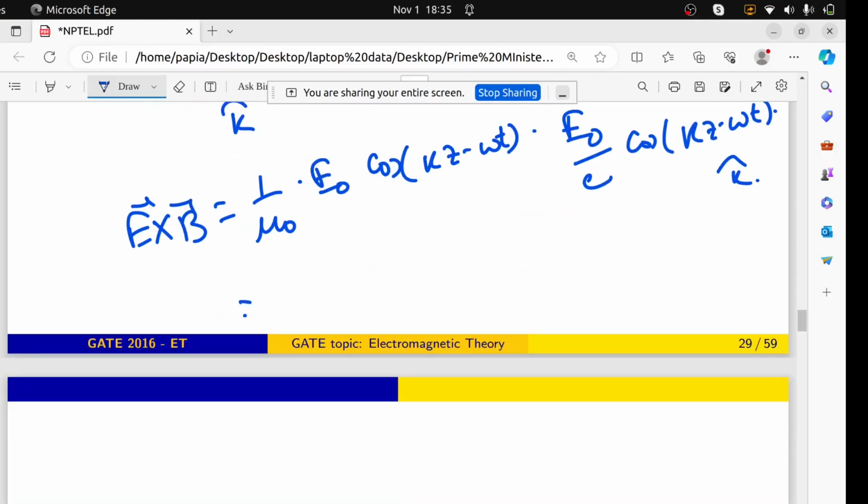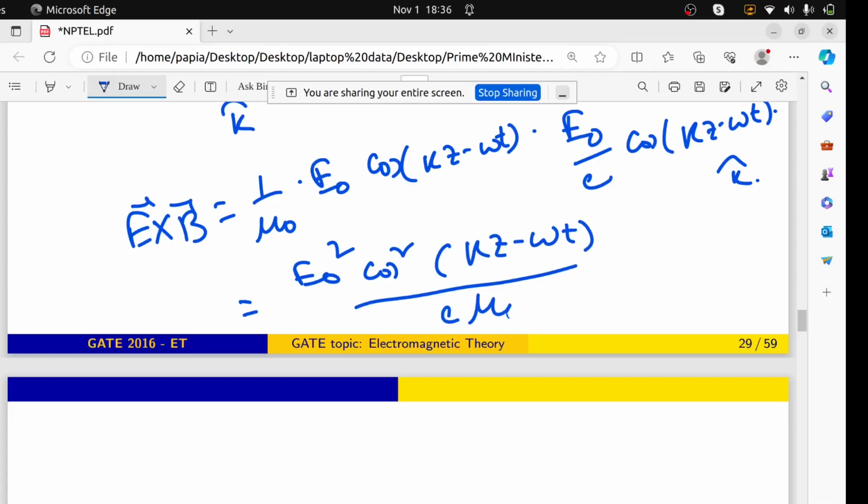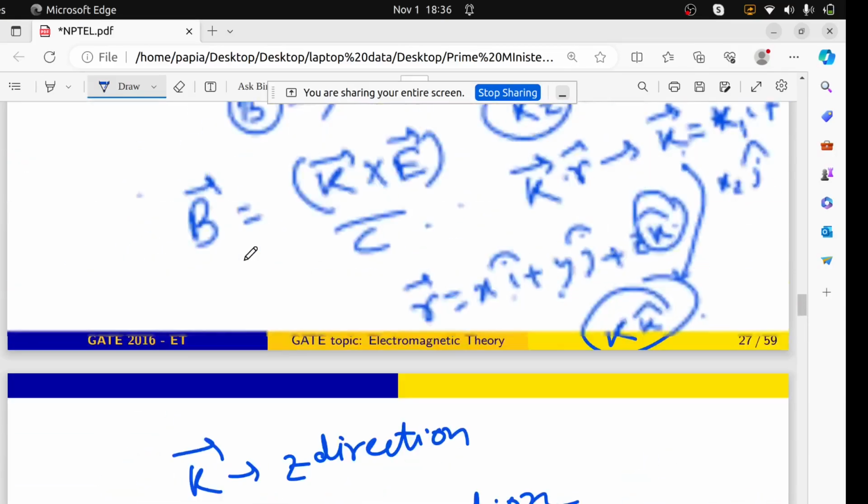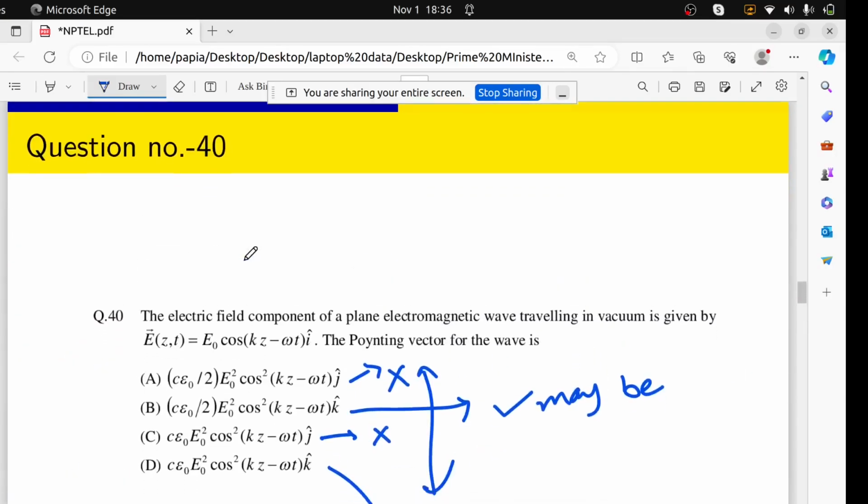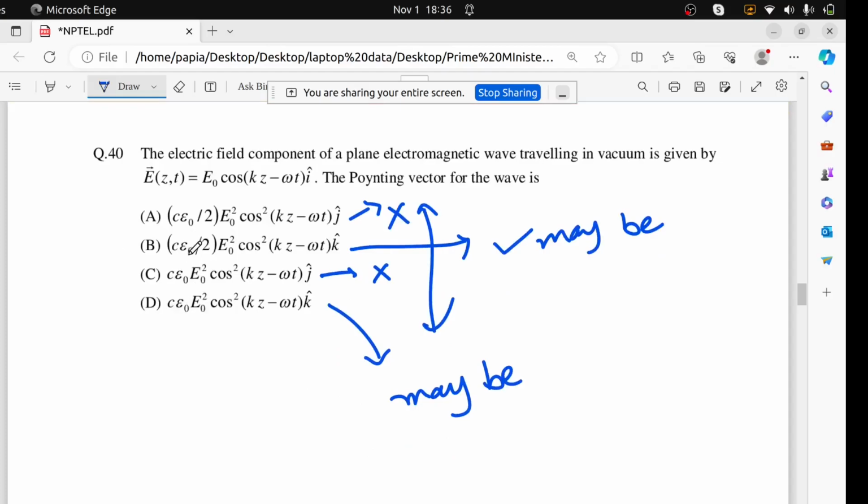Now you can see here E0 square cos square(kz minus omega t) divided by C into mu naught, and there is k cap. Now C into mu naught is there, but in that question I think, if you see here, yes, C into epsilon naught, or C into epsilon naught by 2, something like that is there. Mu naught is not there.